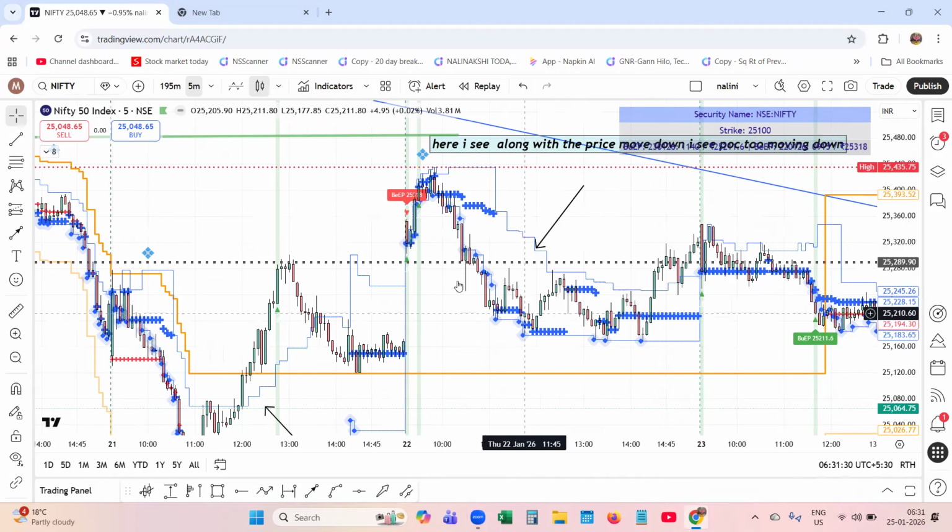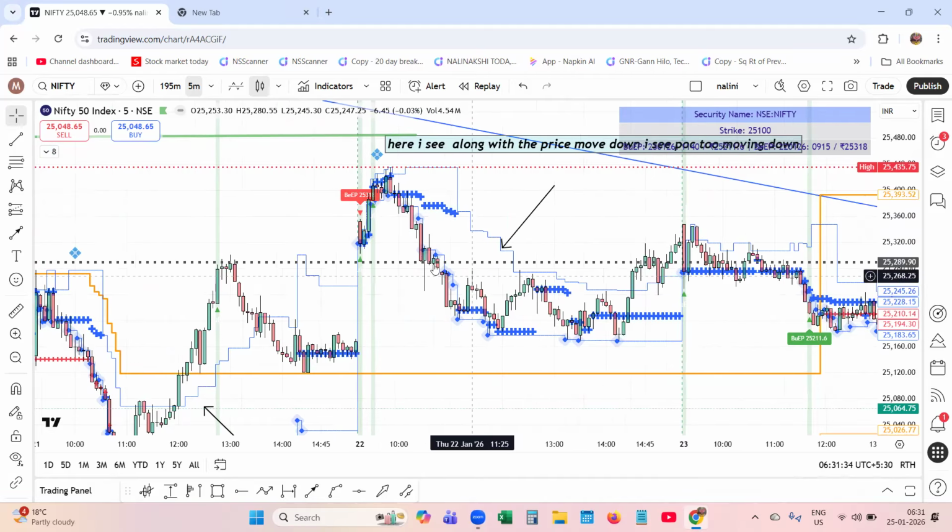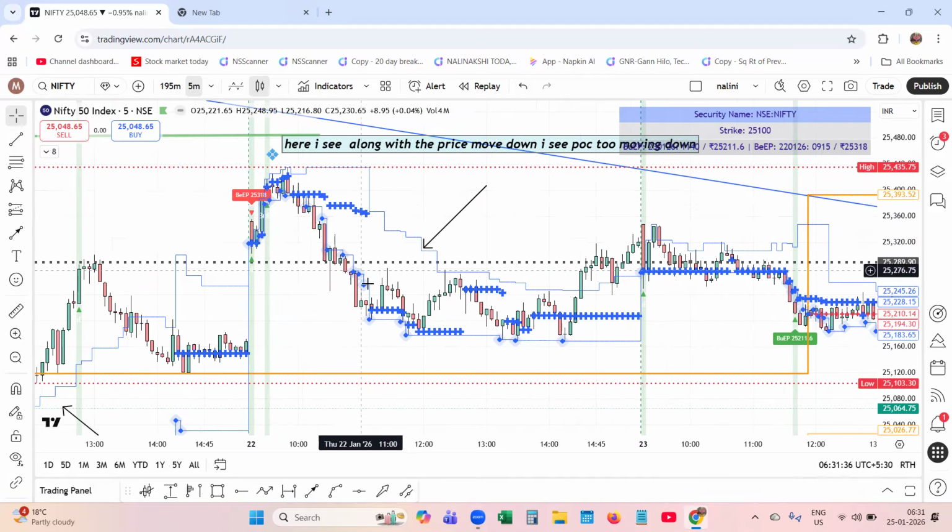You can see from here price started coming down and you can see the POC moving down. That means when the POC is moving down, it says that price is accepting lower prices. The market is accepting lower prices.